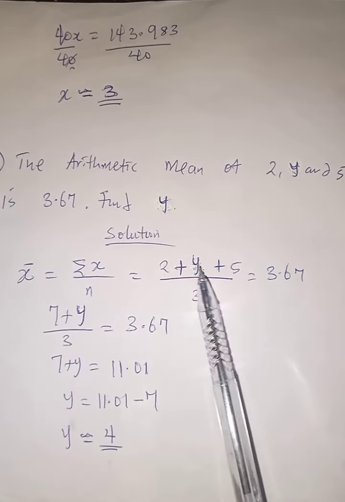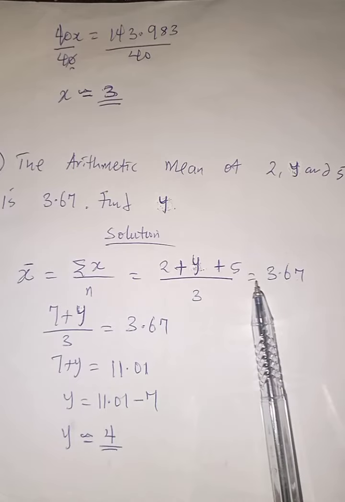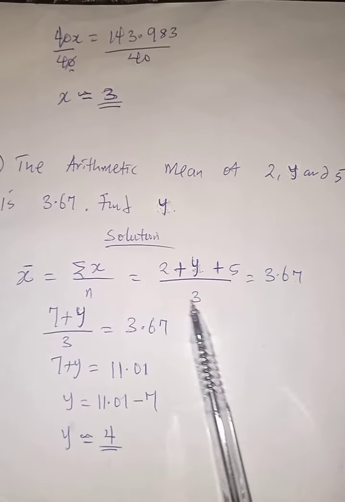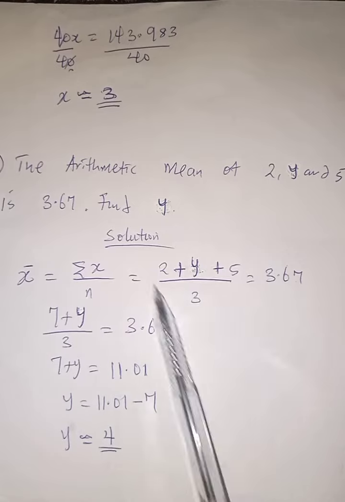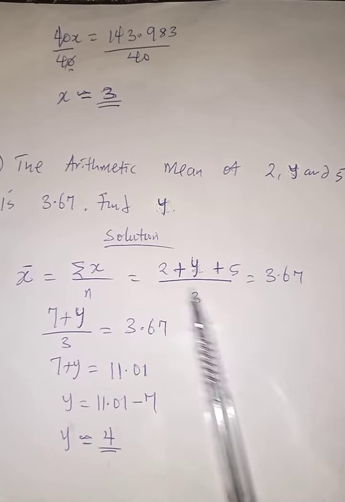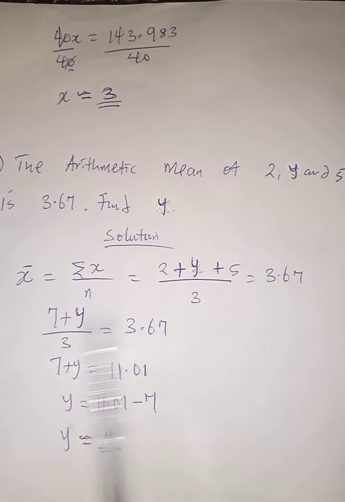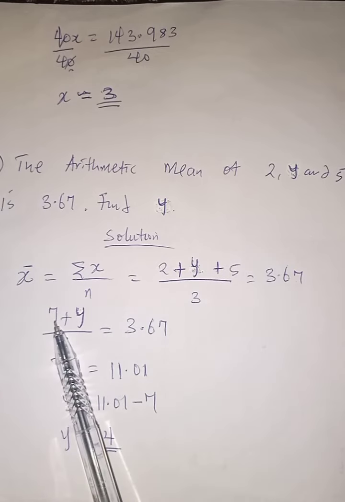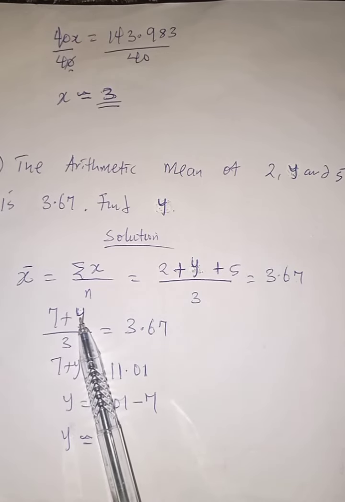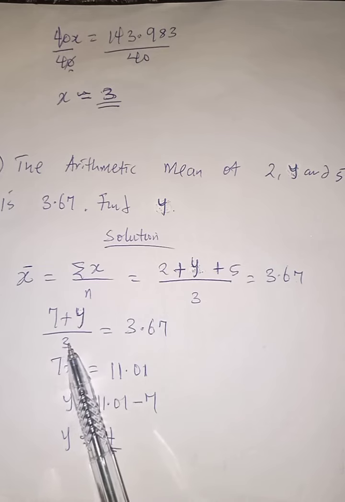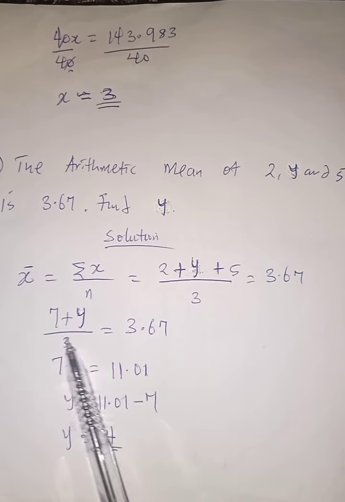Then let's sum this one off. Now we're going to have 2 plus y plus 5. And they said the arithmetic mean of this is equal to 3.6. Then 2 plus 5 gives 7 plus y. We cannot add y to 7 because y is an unknown number. So we'll just leave it like that. Then you cross multiply 3 to this place.